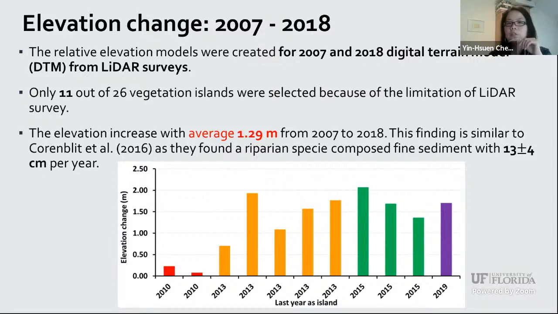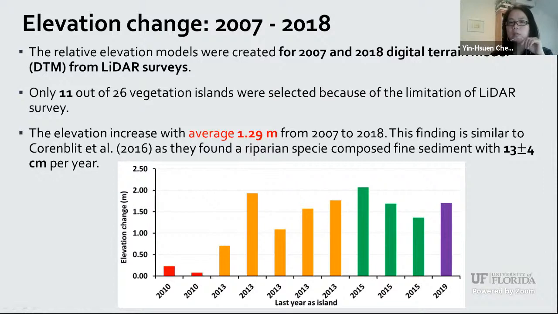There's a bar chart showing how the elevation changes for different point bars, and I also color it with the year. The average local elevation has increased by 1.29 meters from 2007 to 2018, with a maximum of up to 2 meters.